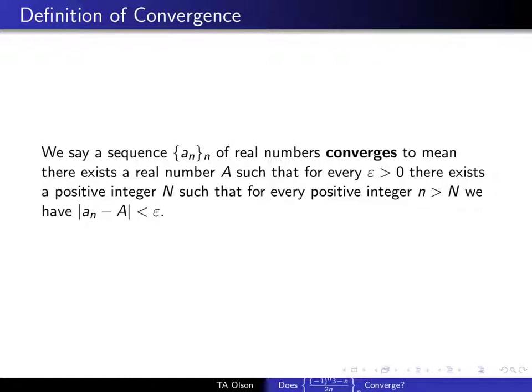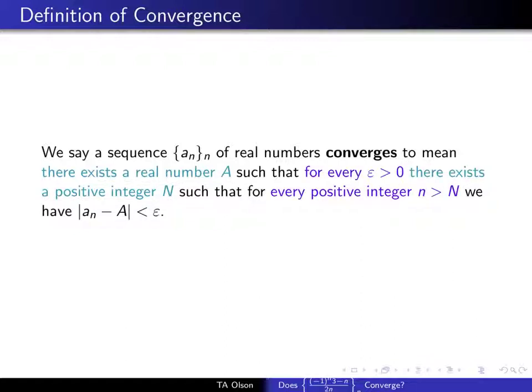Right? Now this definition, we've talked about this in class. And what we saw is that there are two things that we need to construct. We need to construct a real number a and a positive integer n based upon epsilon.